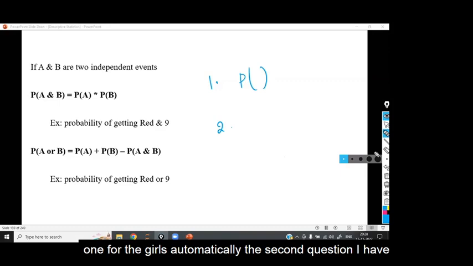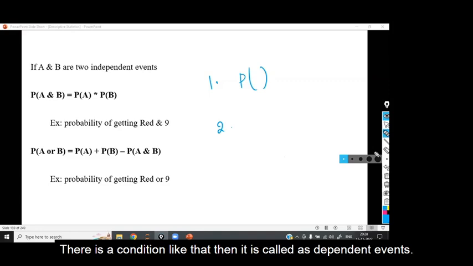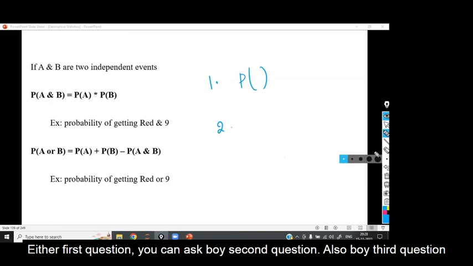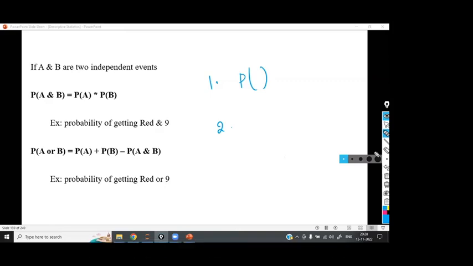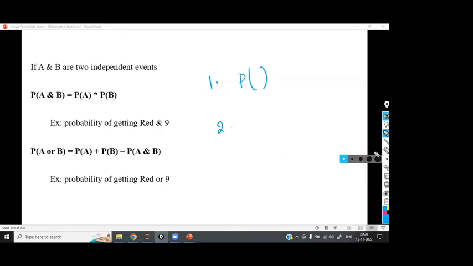If I ask the first one for girls, the second I have to ask for boys. If there is a condition like that, they are dependent events. If there is no relation between them, you can ask anyone: first question boy, second boy, third boy, fourth boy, fifth question a girl. If there is no condition like that, they are independent of each other.